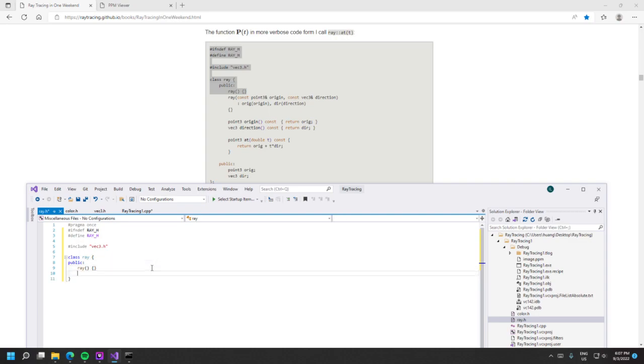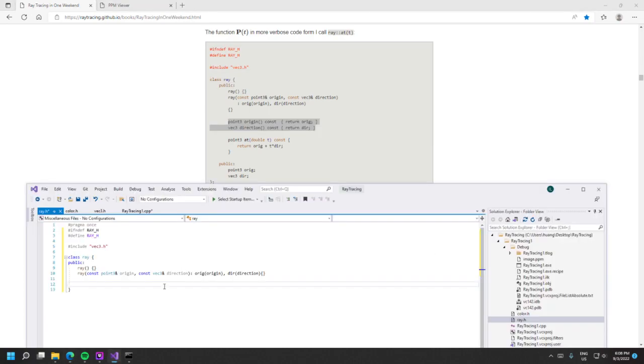Okay, so now we have this default constructor, and let's have the constructor that is more often used, I think. That's given origin and given vec3. Vec3 is the direction, so that makes sense. Okay, and point3, vec3, they are just two get functions.